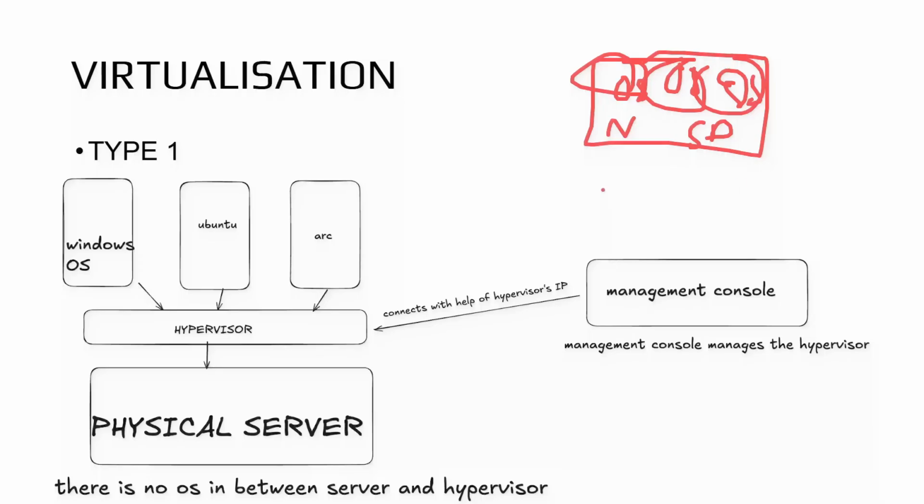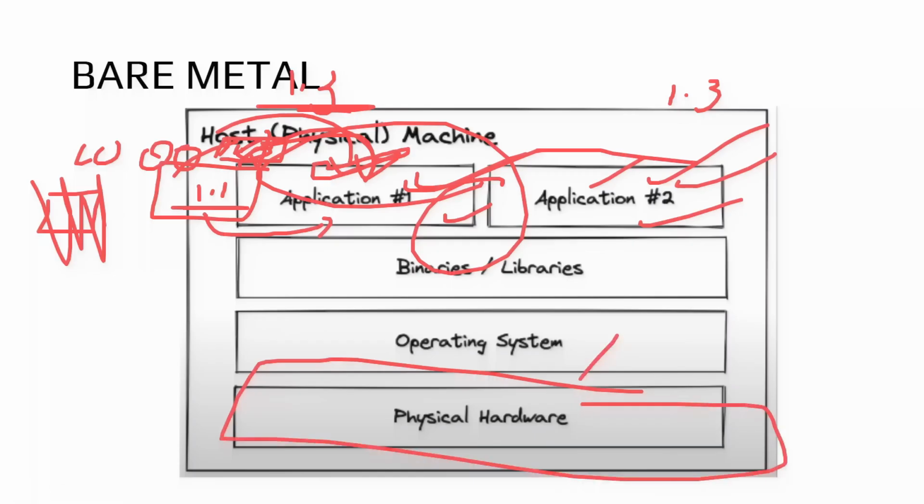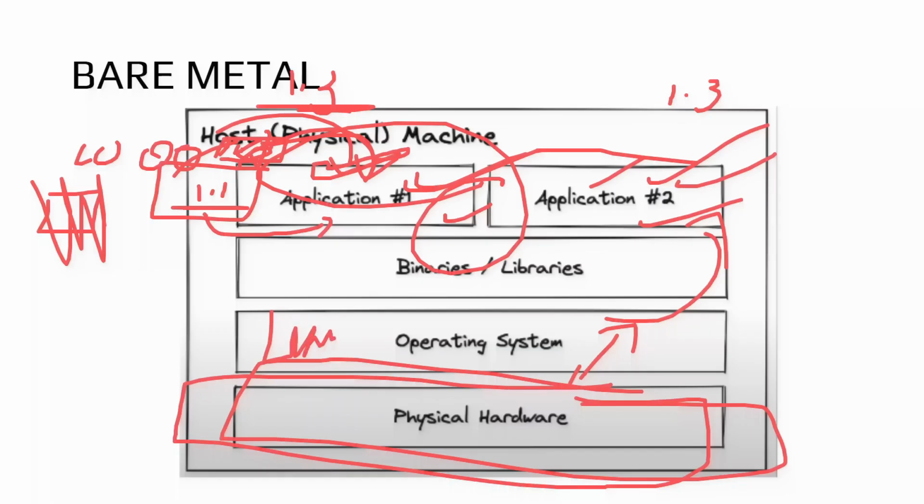So with virtualization, we separate out the operating system out of the physical hardware, because you see in this bare metal, this physical hardware is tied up with the operating system. So you can't separate this operating system out of the physical hardware, because suppose you have this Linux operating system, it is tied with this physical hardware.